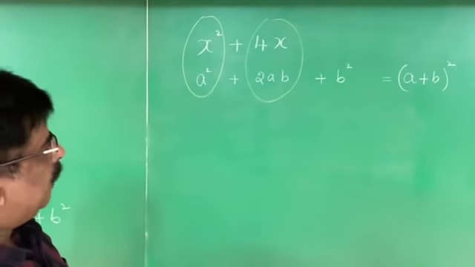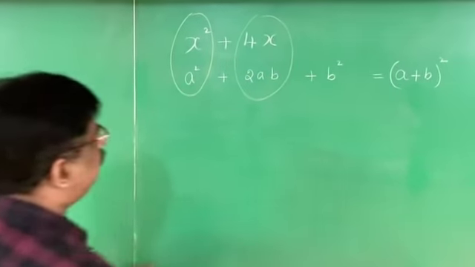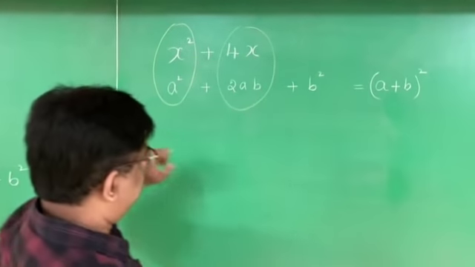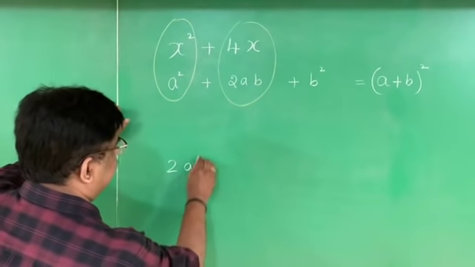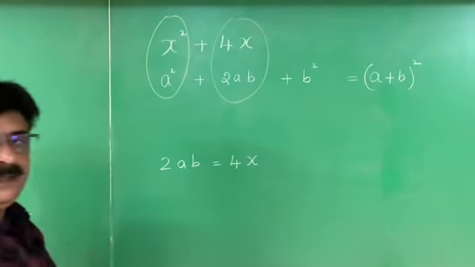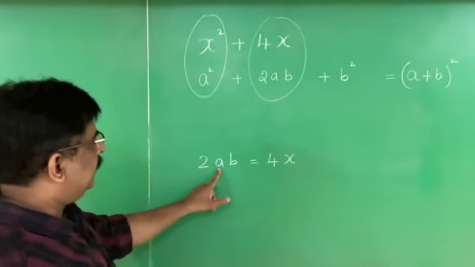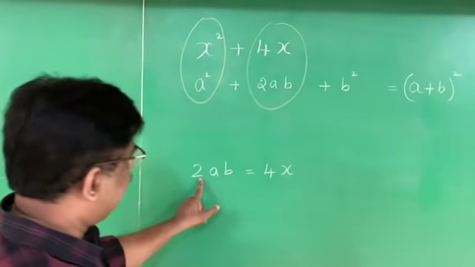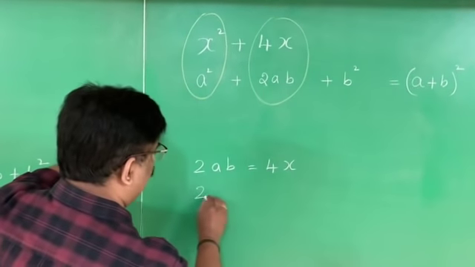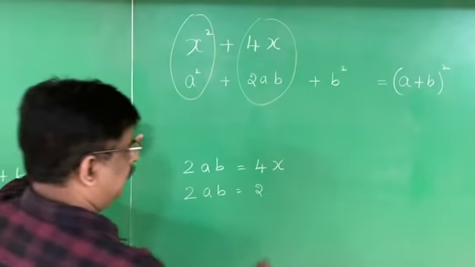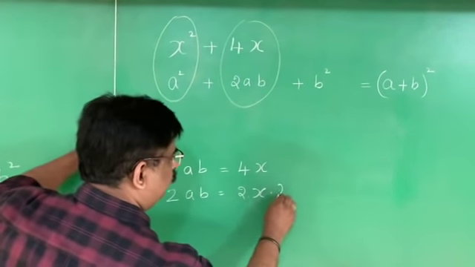Therefore, see, 2ab is nothing but 4x. 2ab is equal to 4x. What is a here? a is x.